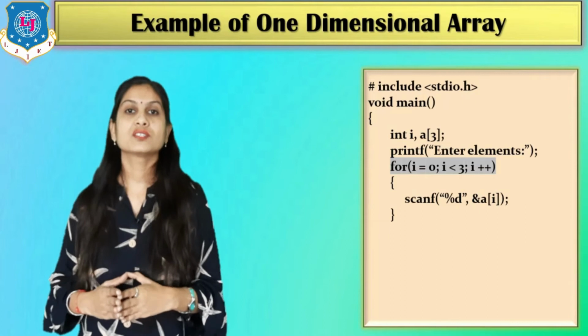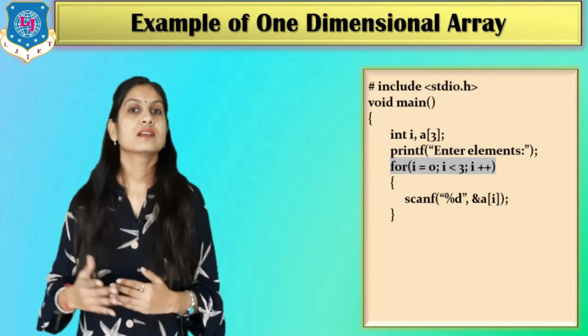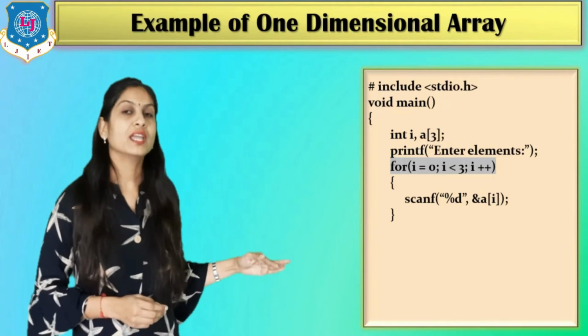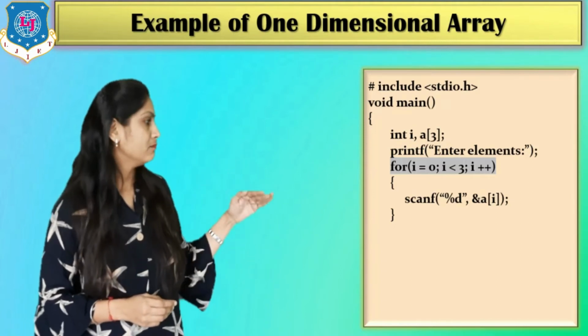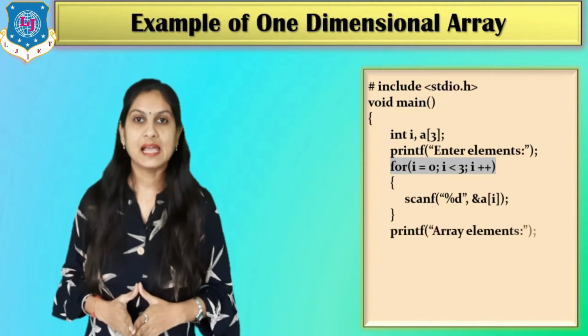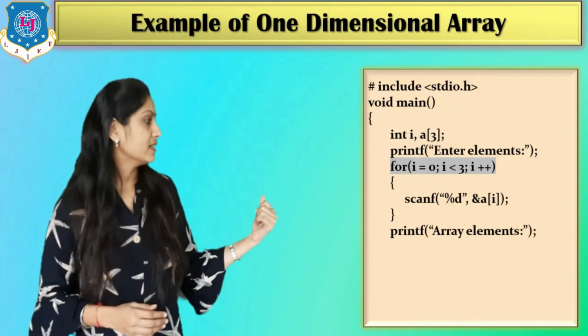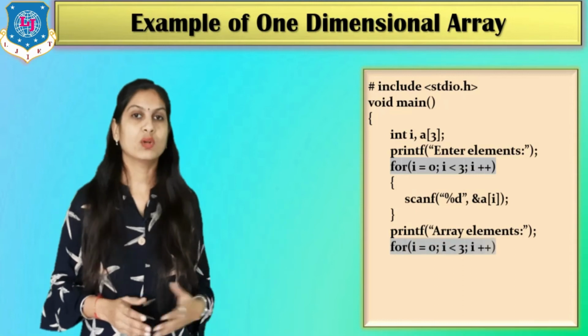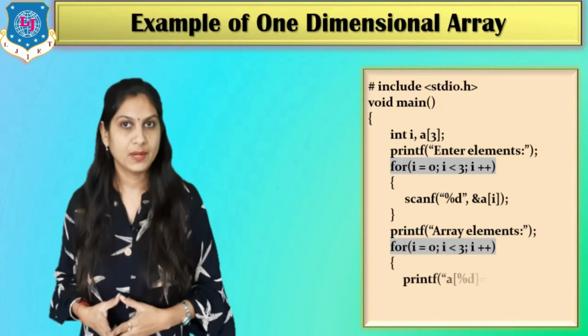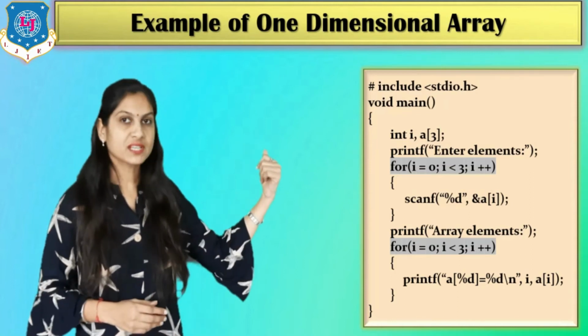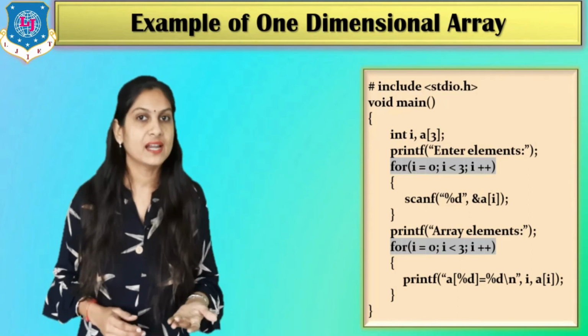Here I just want to print the data that is already input by the user. So for that we again have to use a for loop, and before the for loop we write just a message, the array elements are. Then our for loop, for i equals 0, i less than 3, i plus plus. Same for loop, the only change is that instead of scanf, now we have to print that data.